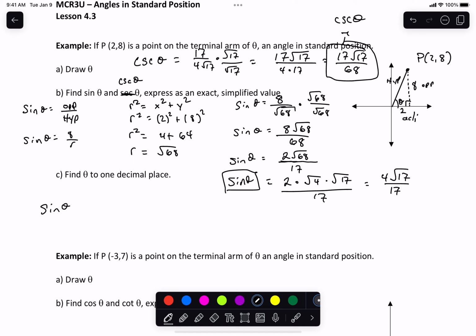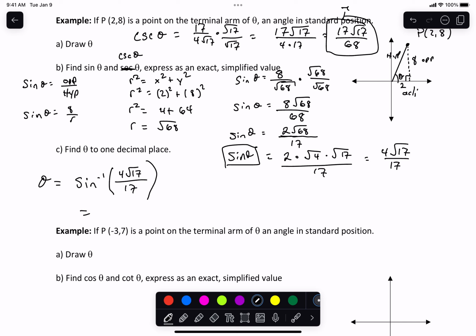Theta is going to equal sine inverse of 4 root 17 over 17. In degrees, to 1 decimal.